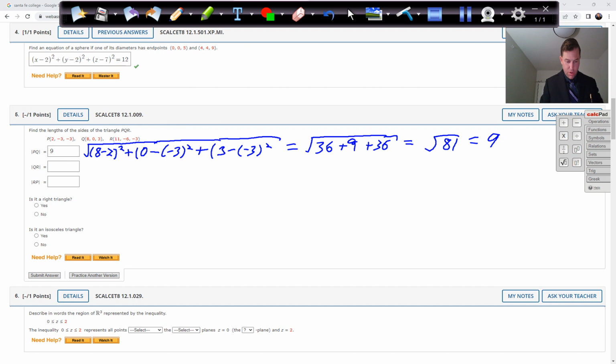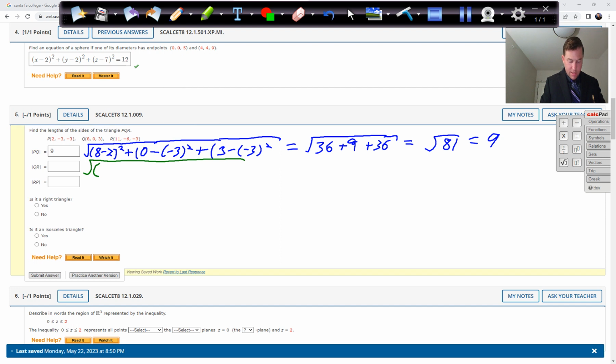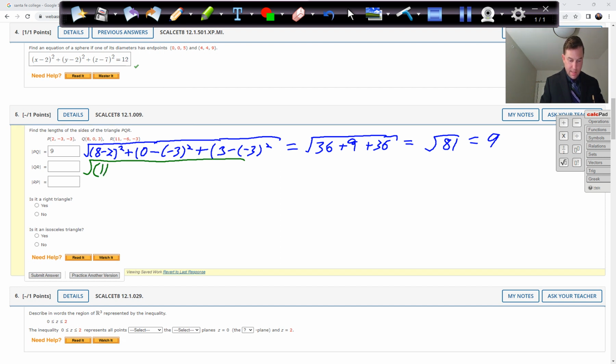For the second one, QR, same idea. R is now the first point, or the end point, so 11 minus 8 squared, plus negative 6 minus 0 squared, plus negative 3 minus 3 squared.